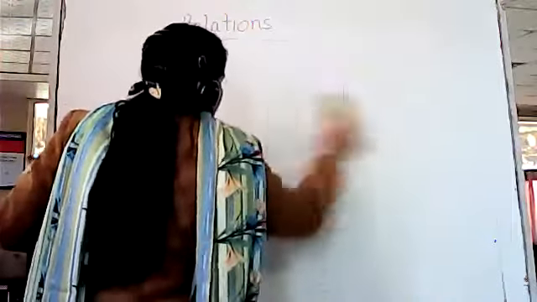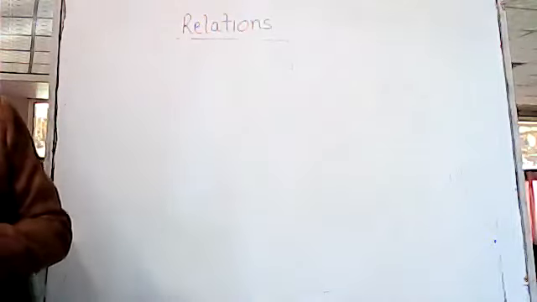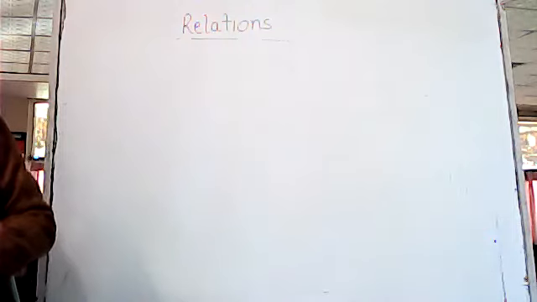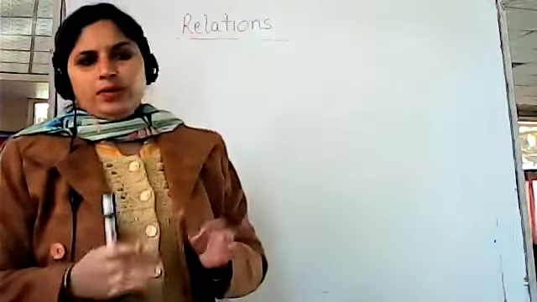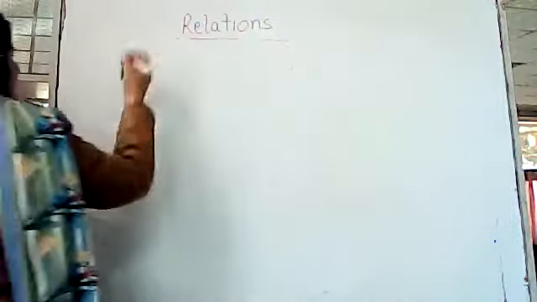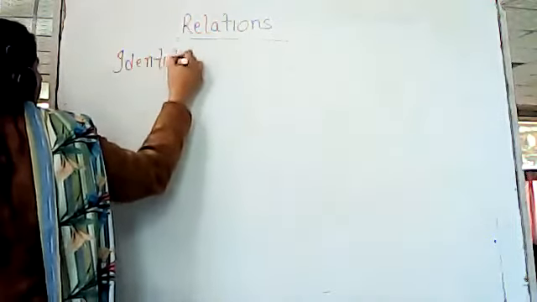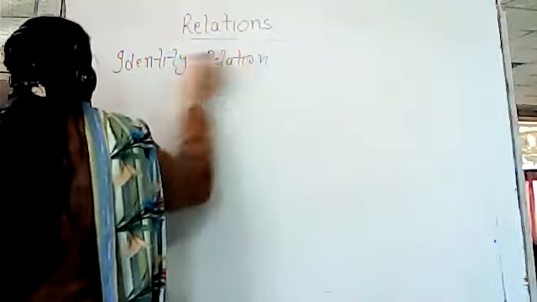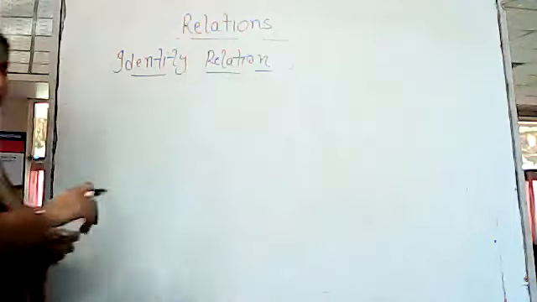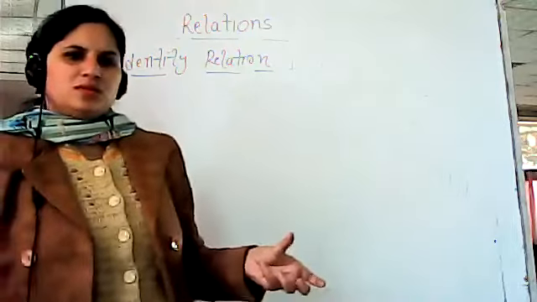Now, the next point is identity relation. This definition is very similar to the reflexive relation, so that's why we are going to discuss it now, along with reflexive relation, because these two definitions are much similar, or you can say students mostly get confused in these two definitions.